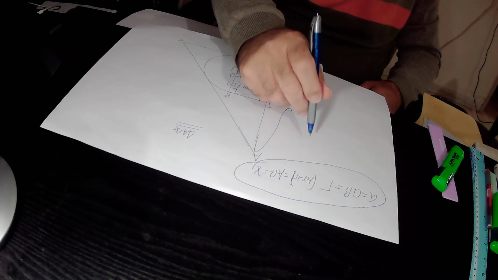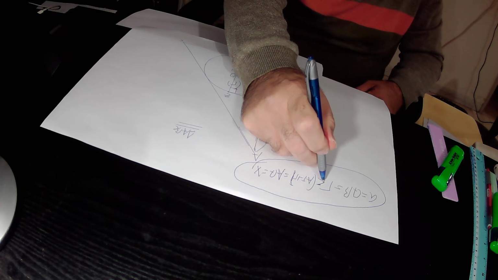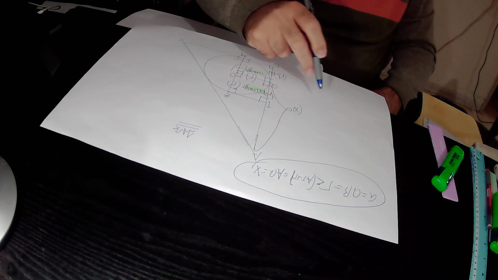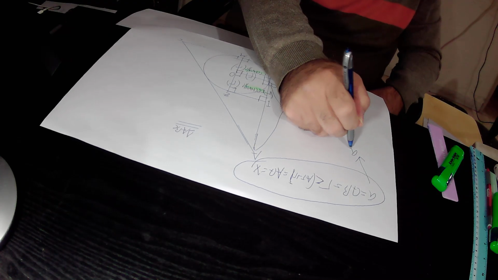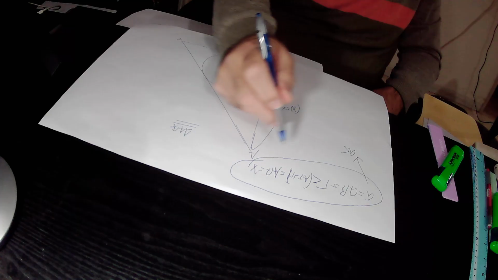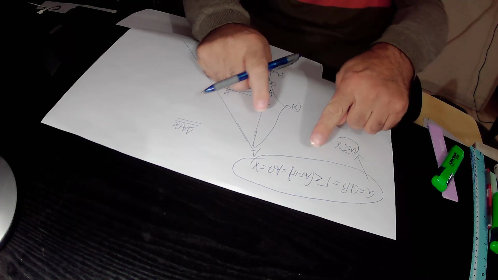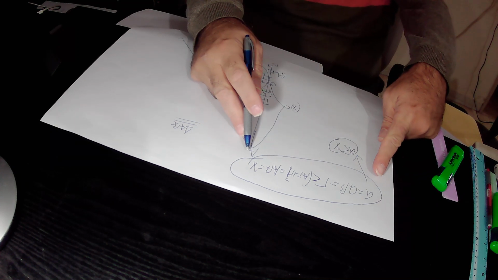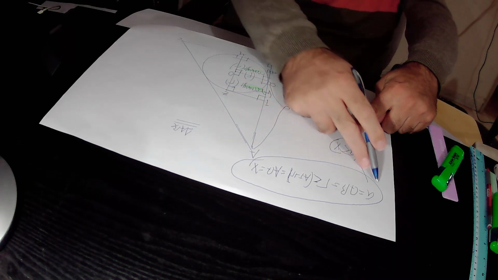So you can write here that AT plus R is greater than R. And from this inequality, we will derive that A is smaller than X. A is smaller than X, so X is greater than A.